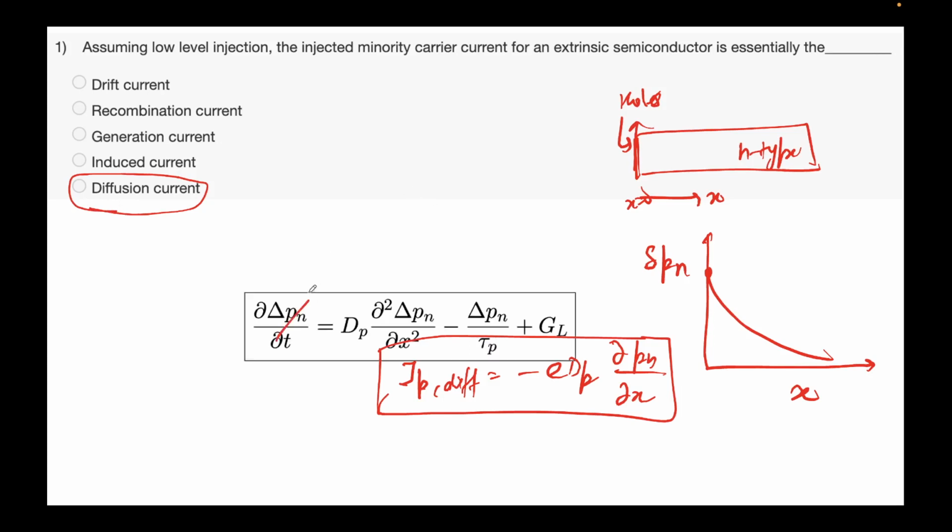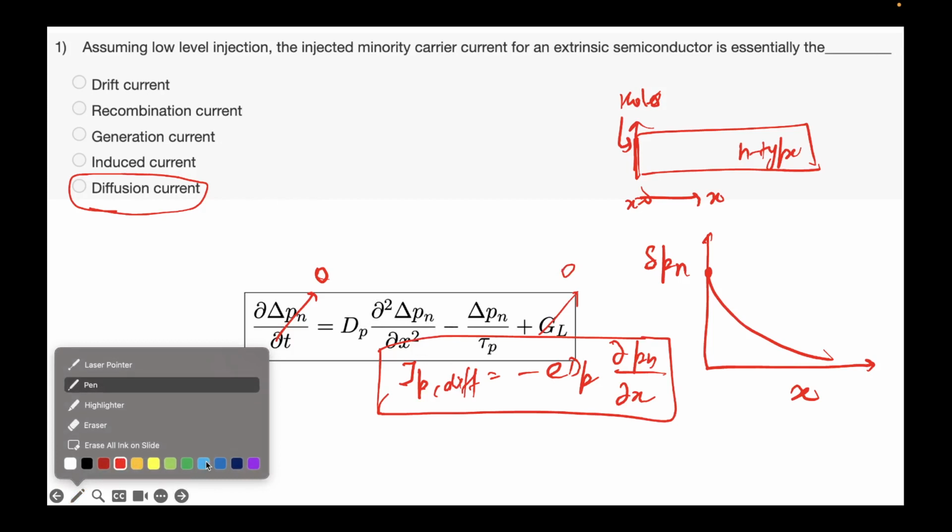For steady state, you don't care about this. So here, let's say even if we ignore this, we have solved this differential equation in the middle two terms.